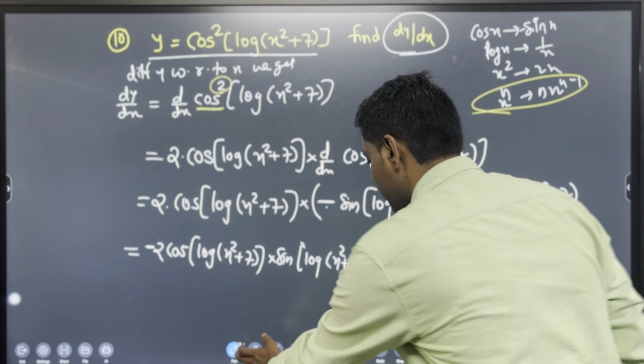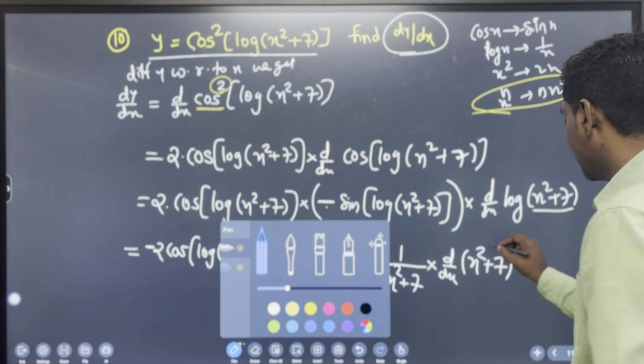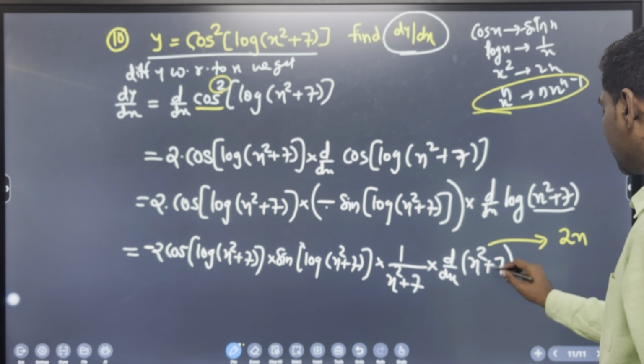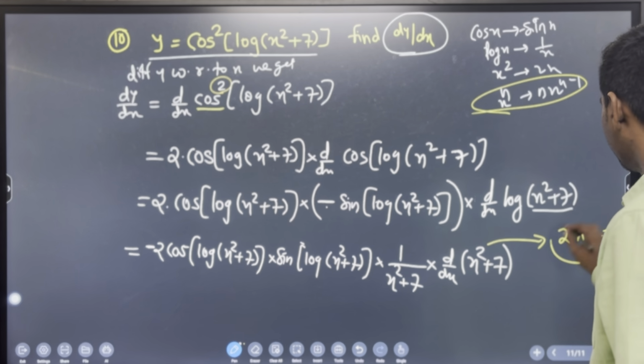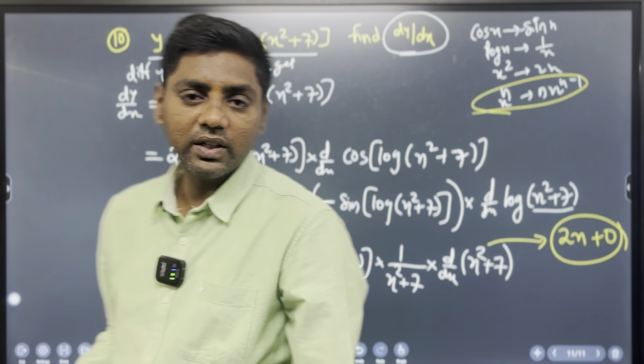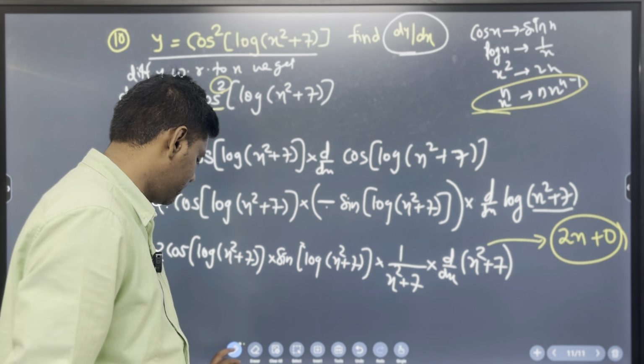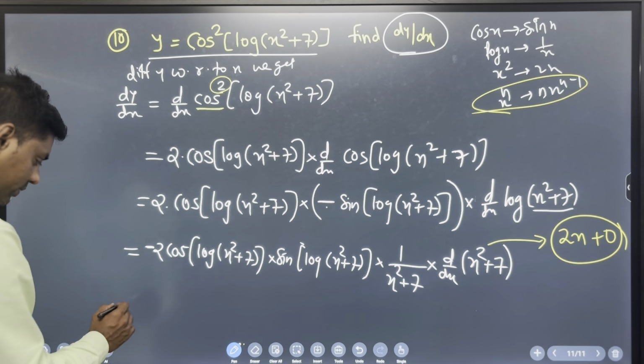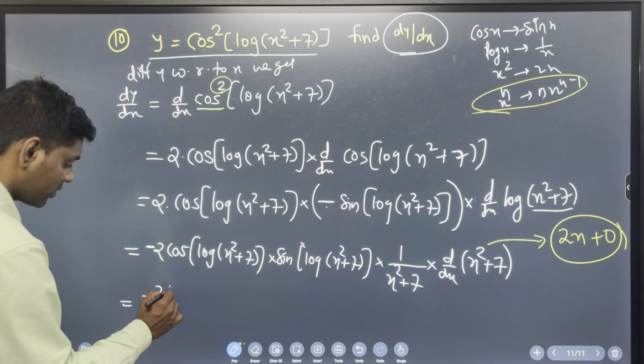So tell me what is the derivative of x square? The derivative of x square is 2x and the derivative of 7 is 0. So remember, this is the derivative of the given function. Last we finished the given example.